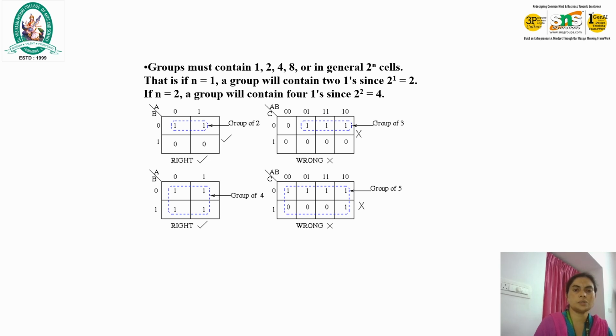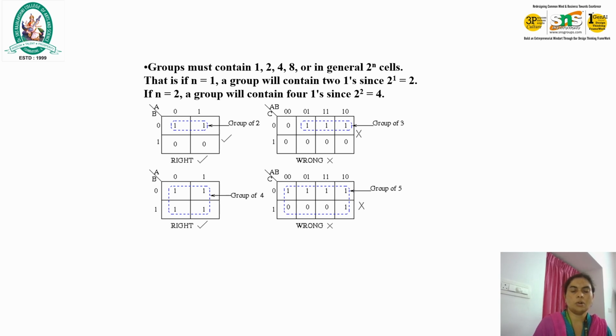In the first one, a group of two is given, where 1 and 1 are grouped vertically. In the case of three variables A, B, C, a grouping of three is not permitted. Only 1, 2, 4, 8 groupings have to be performed. No grouping of 3 is permitted.